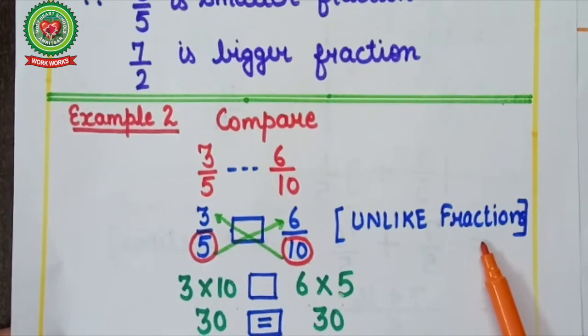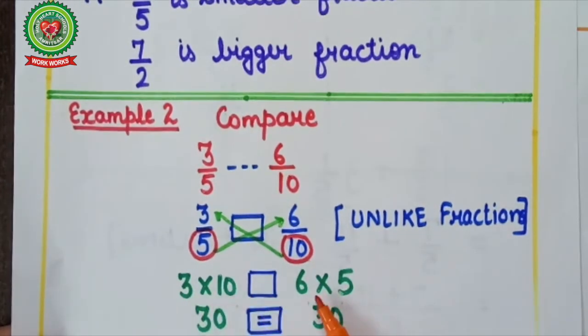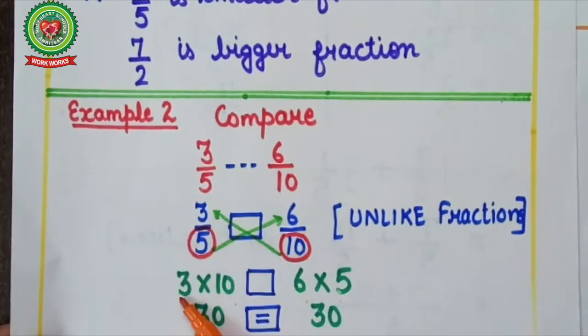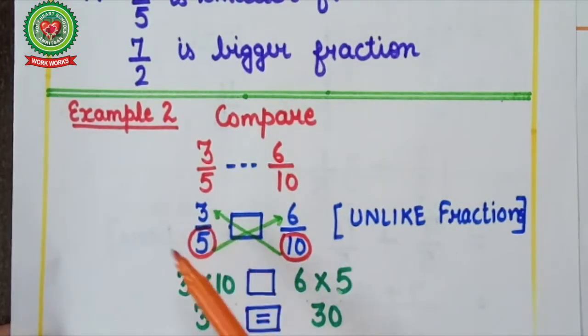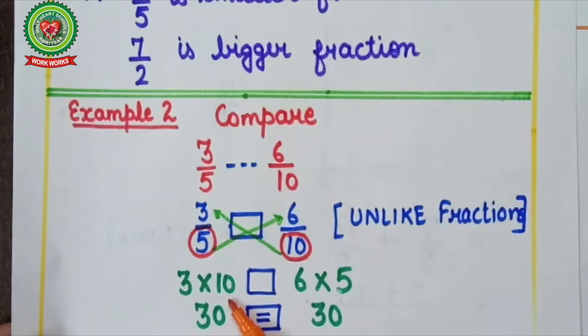Now, next step, cross multiplication. So here we will not change the positions of numerators. Here it comes 3, here it comes 6. Now 10 will go with 3 and 5 will go with 6. So here it comes 3 multiplied by 10 box 6 multiplied by 5.